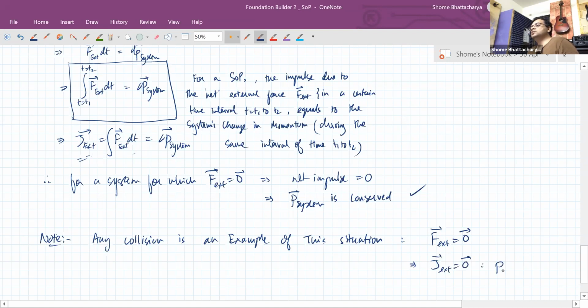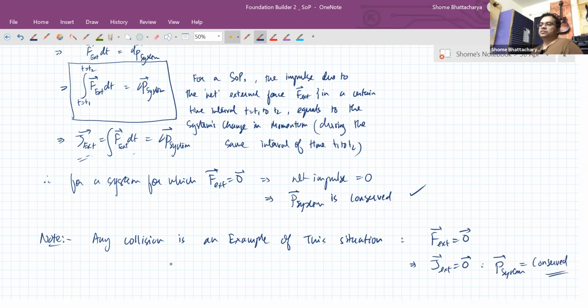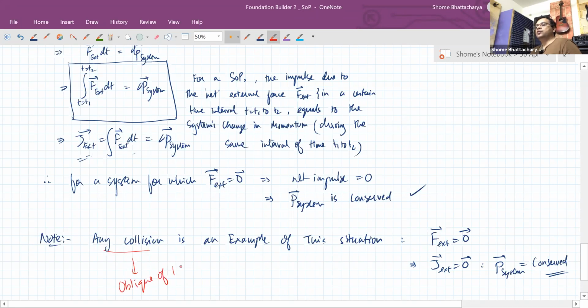So the momentum of the system, that is the momentum of the collided bodies, is conserved or constant. So whether we are talking about an oblique collision or a head-on collision, oblique or head-on, okay. Later we will learn the term elastic or inelastic.